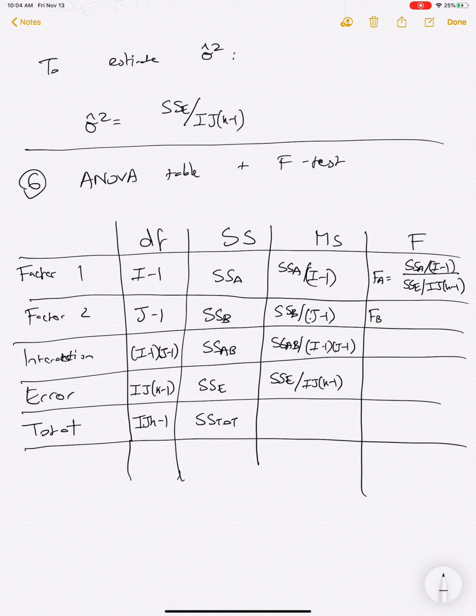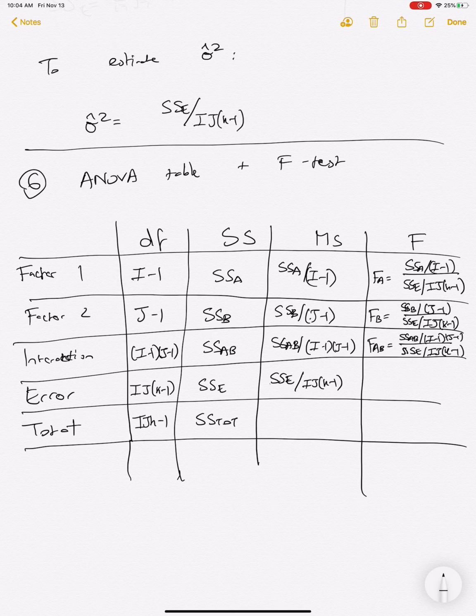Then we have FB, and then we have FAB, which is equal to SSAB. And then once again, we compare that to SSE, which is ij times k minus 1.